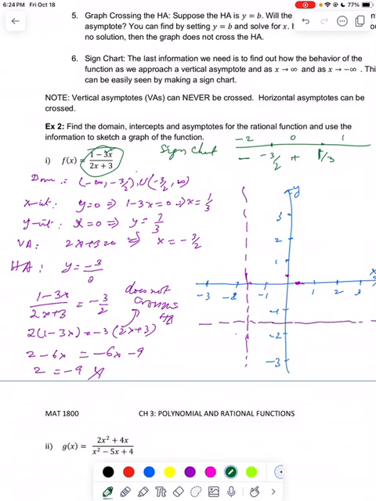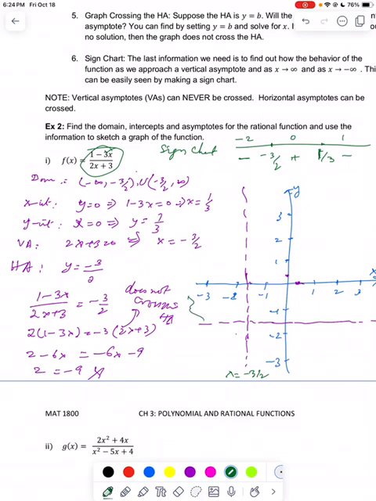But again, this is not enough. Why? Because on the left of -3/2, meaning on the left of this asymptote, it is going to be below the x-axis. This portion is below the x-axis, and this portion is below the x-axis.